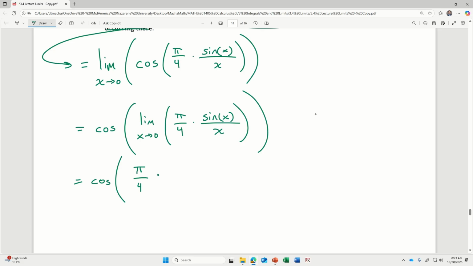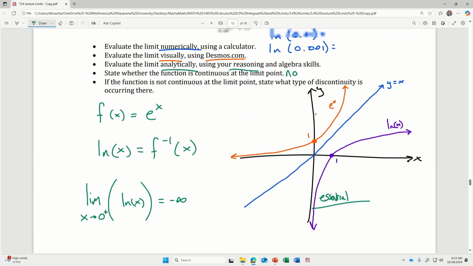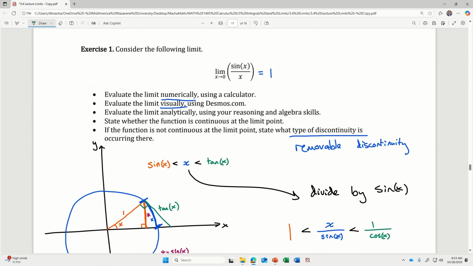Infinity. Would it be undefined? One. Yeah, this is the last thing we talked about yesterday, right? It was the cool geometric proof. But the limit as x approaches 0 of sine of x divided by x is 1.